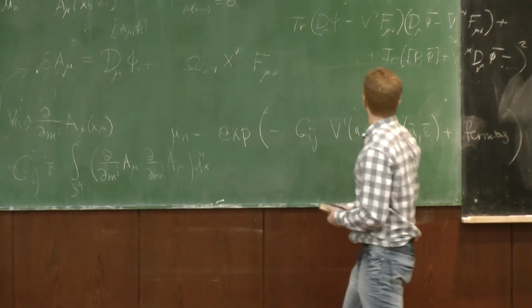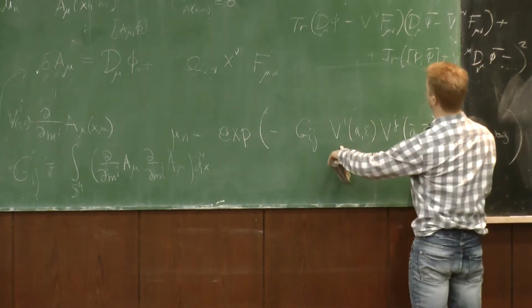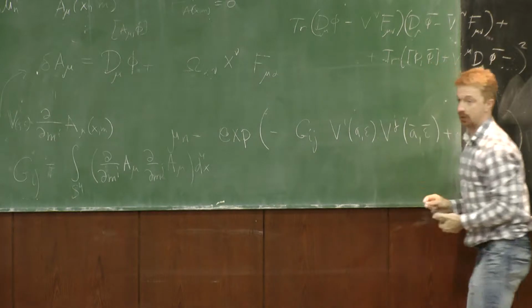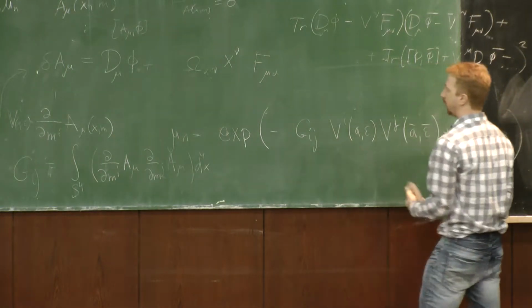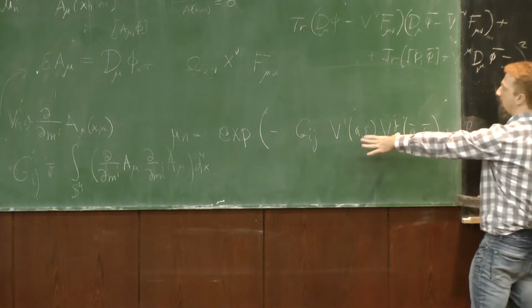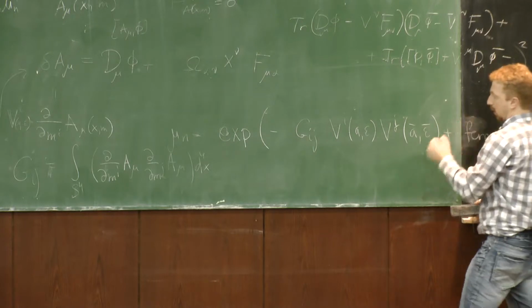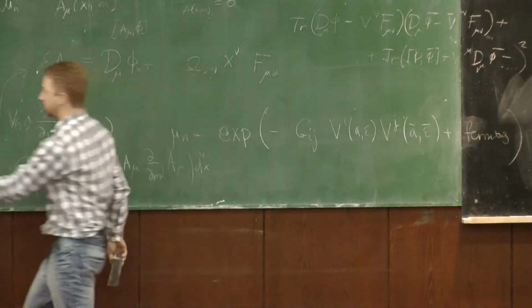This part comes essentially from this term in the Lagrangian. So what you want to integrate over the instanton moduli space is the exponential of minus the norm squared of the vector field which generates this infinitesimal symmetry.